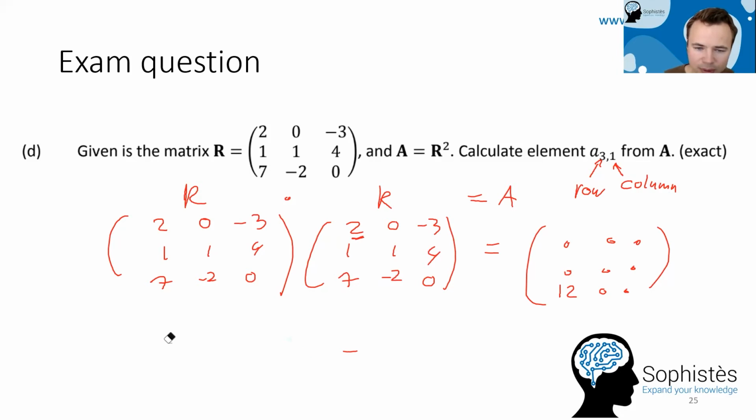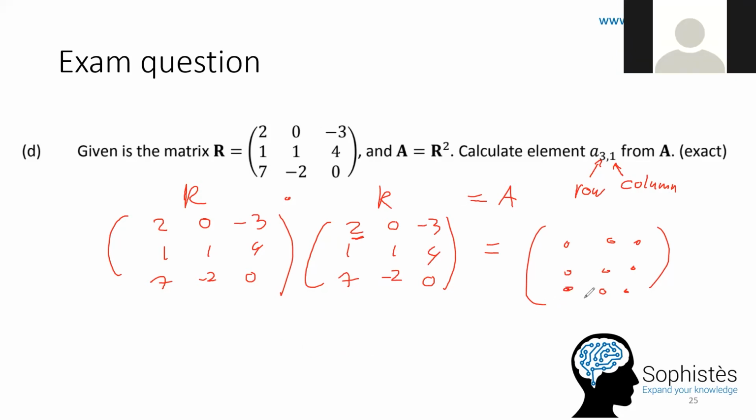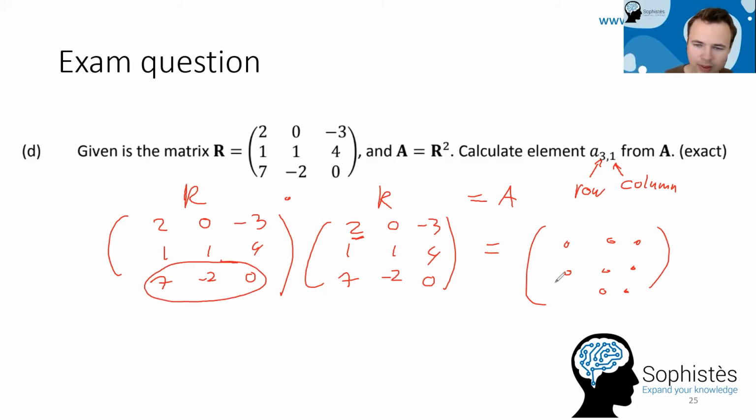So you understand that we want to have this element, right? Because it's in the 3rd row, I use the 3rd row, and because it's in the 1st column, I use this 1st column. I always start left and I start up.